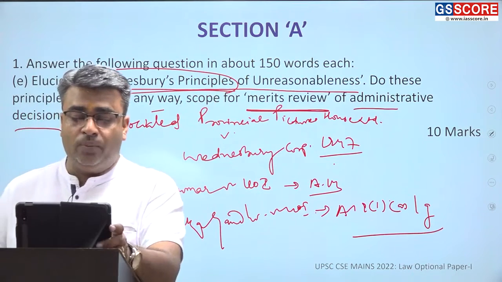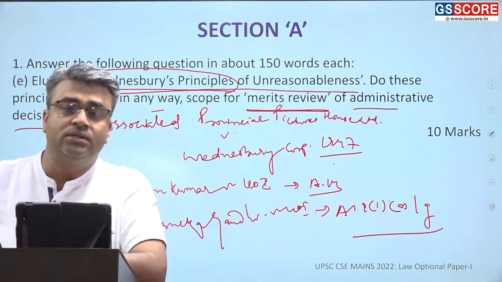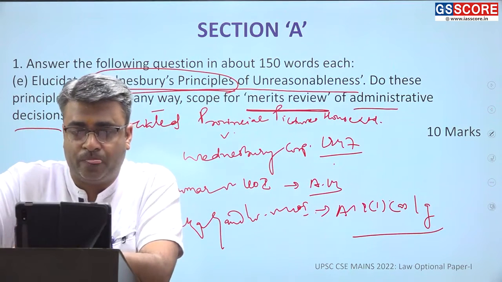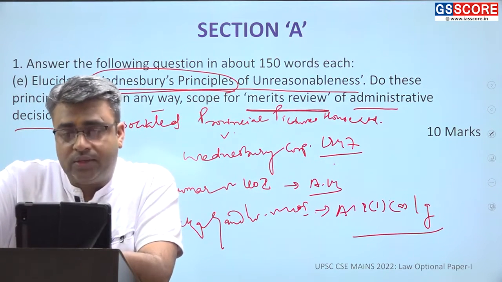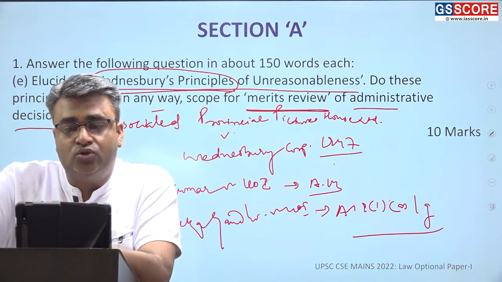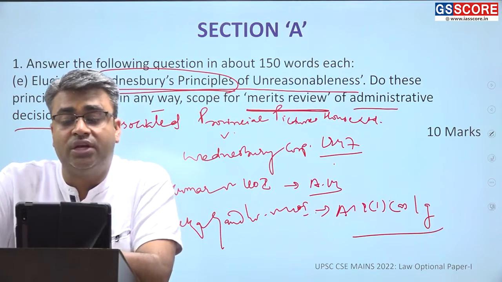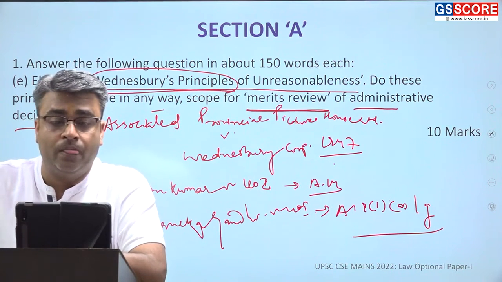One of the cases was Chintaman versus State of Madhya Pradesh. In this case, the court held that the ultimate purpose is to maintain a balance between the fundamental rights of the citizens and the restrictions which are being imposed.